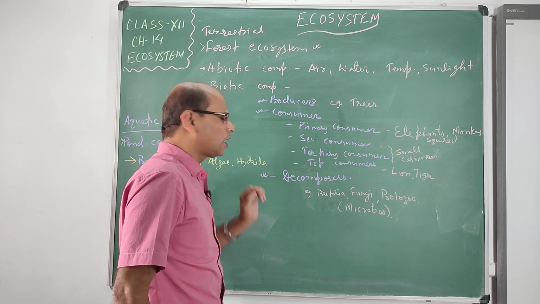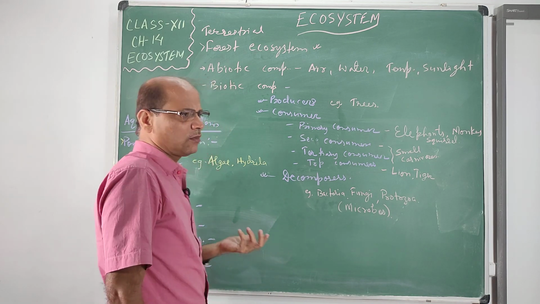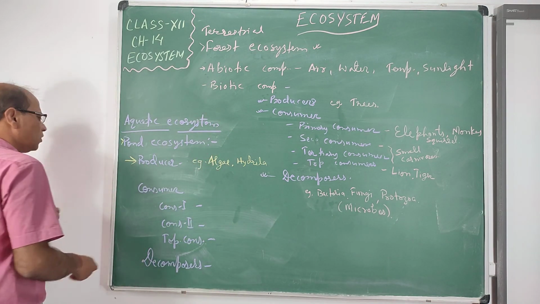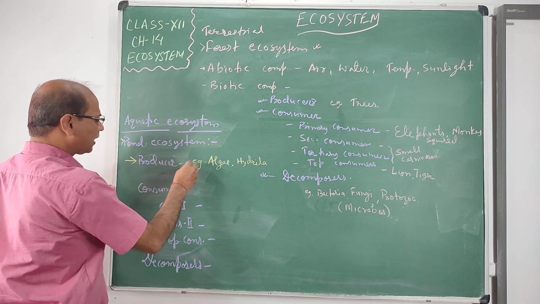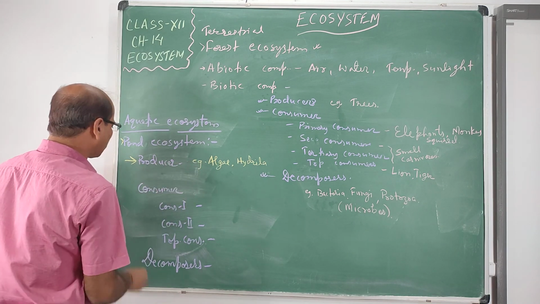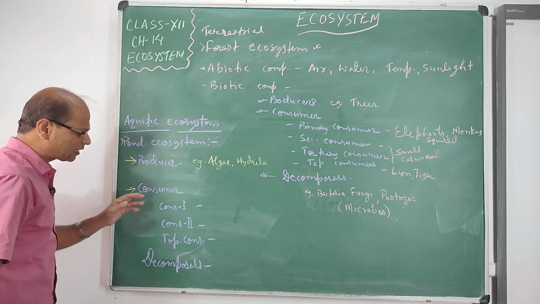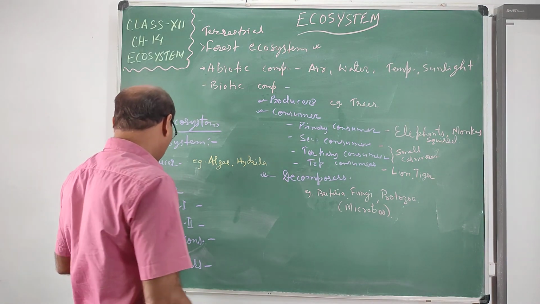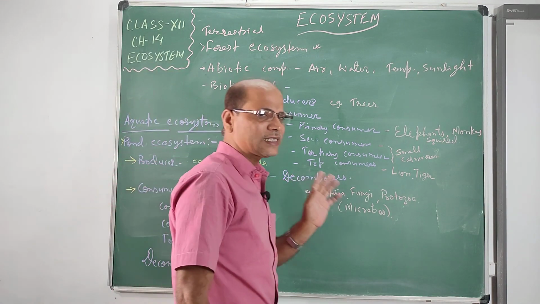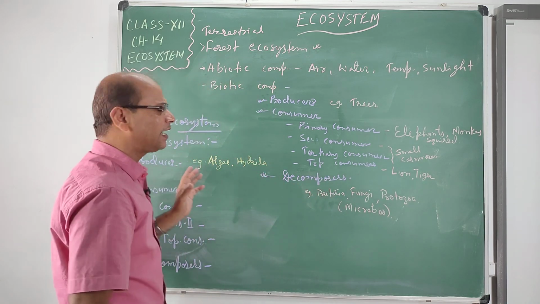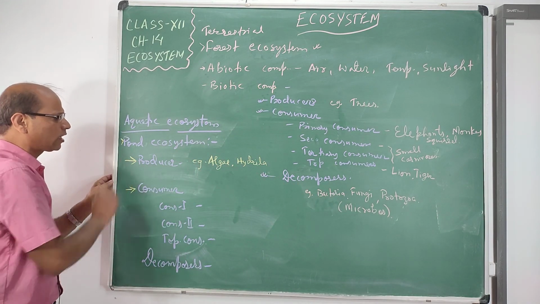These are the producers of a pond ecosystem. After producing the food, it is consumed with the help of different types of consumers. So many consumers are here: consumer 1, consumer 2, top consumer.